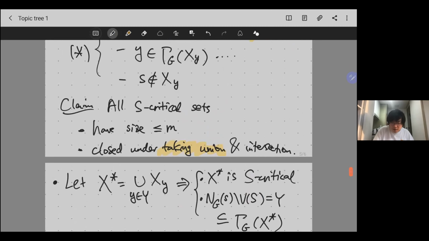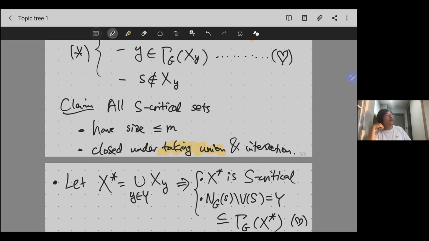Because what is capital Y? Capital Y is the union of little y, right? And every little y is in the neighborhood of capital X sub Y. Since X star is the union of these, the union of Y falls here.